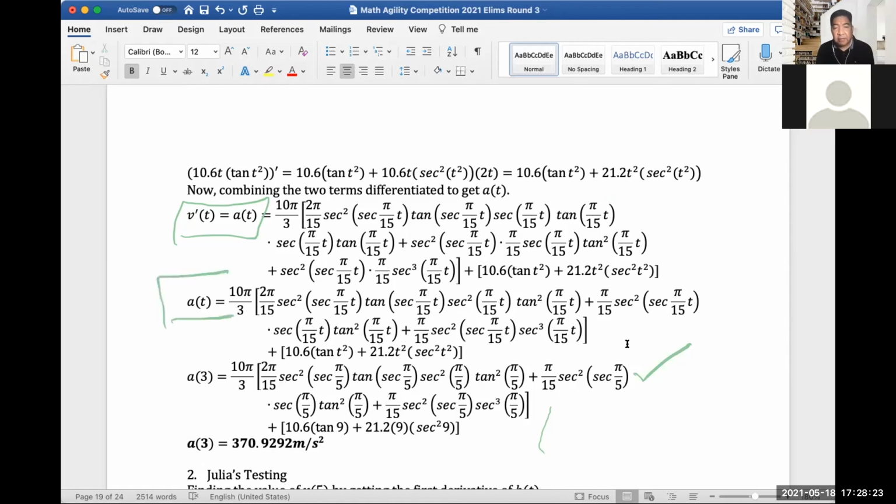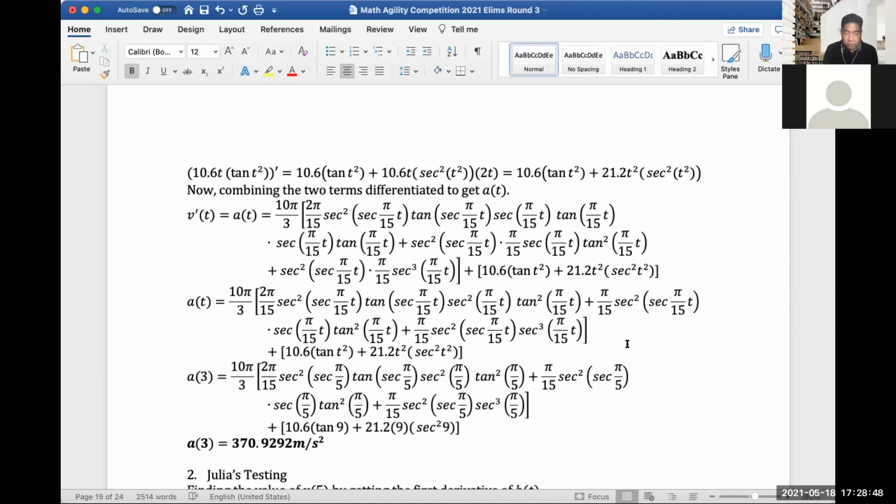Since Bea is testing at 3 seconds, just plug in 3 and you will get a of 3, or the acceleration at time 3 seconds, which is 370.9292 meters per second squared. Since this is acceleration, the unit for seconds would be squared.